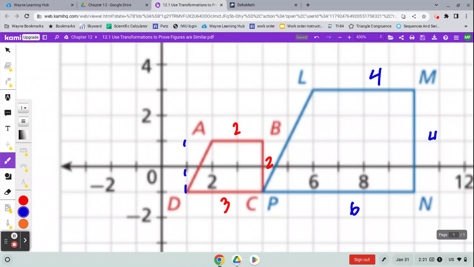So if we go up 2 over 1, this one is up 1, 2, 3, 4 over 2. So it's double. Just like before, rise over run. It's twice as long. So each of the blue shapes is 2 times as big as the red shape. Since that's consistent, these would be called proportional. They would be similar, therefore.